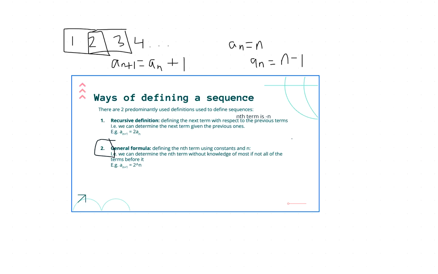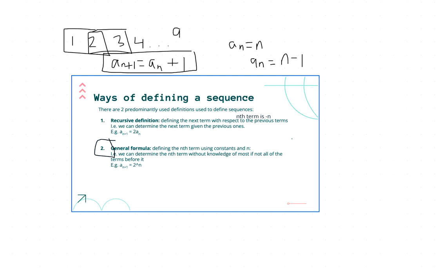So now we can define it in a way that we call recursive, because the relationship is based on the previous term. So given that a_(n+1) equals a_n plus 1 for the positive integers, another important thing is that we also need to set the initial condition, right?